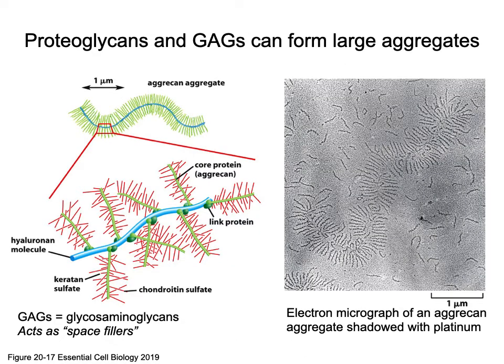So the extracellular matrix is also made up of proteoglycans and GAGs, and these are actually going to form aggregates together. Here we can see the aggregates forming, and these act like a space filler. We're going to have the fibroblast present, we're going to have our collagen present, but there's going to be a lot of additional space taken up.